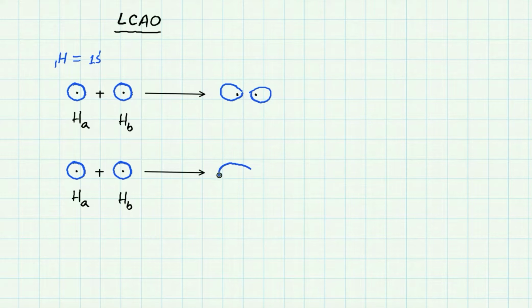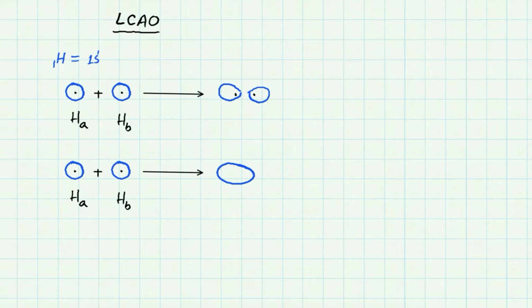So when they combine by in phase combination, the result will be like this. Here we can see that these two nuclei have much of the electron density in between. That is, this volume is showing the electron density, and here the electron density is away from the nuclei.